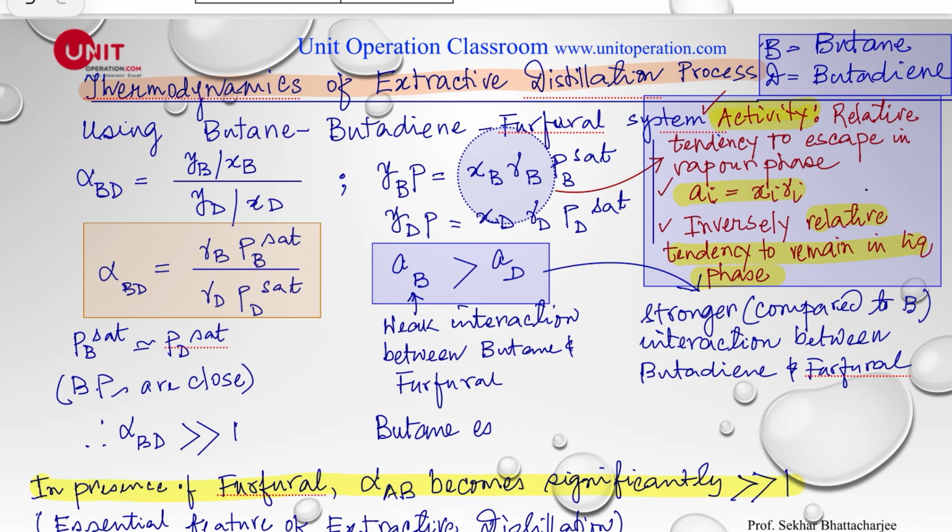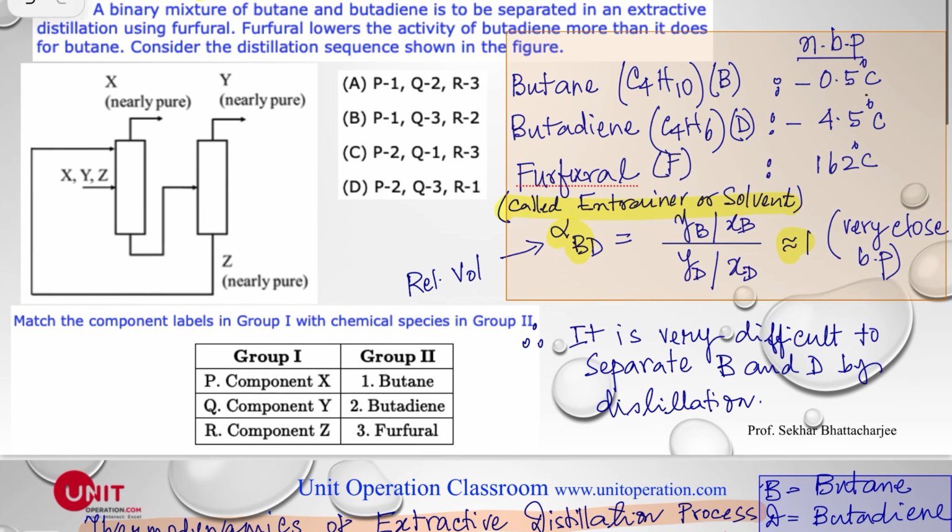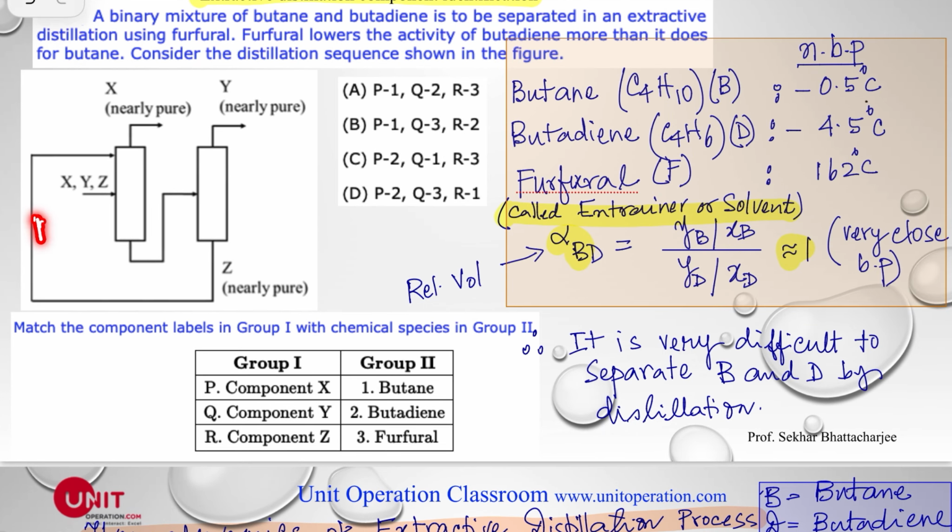As we understand, that is the basic concept of extractive distillation. So if we have butane, butadiene, and furfural coming in, the moment we add furfural to the system, the butadiene will tend to go to the bottom, and butane will tend to be on the top in the vapor phase.